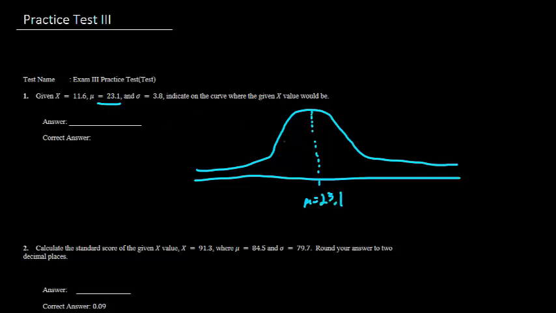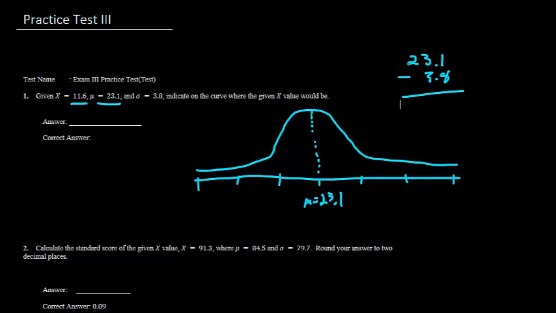You have a standard deviation of 3.8, so there's plus 3.8, plus 3.8, plus 3.8, minus 3.8, or mu minus 3.8, mu minus that one and that one, and x is at 11.6. So what we need to do here is take 23.1 minus sigma 3.8.